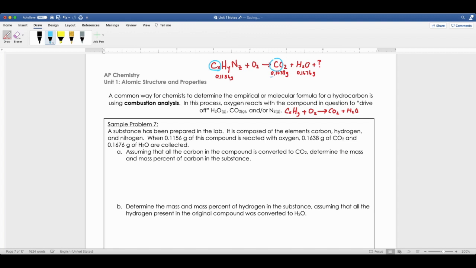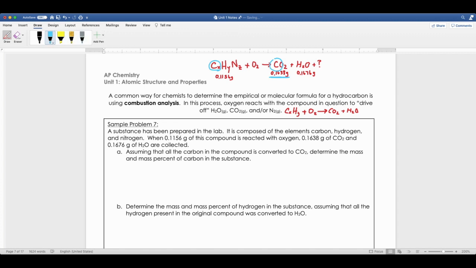So if I know this mass of CO2 that was produced, I could figure out what percentage of that or what mass of that is just carbon, right? Because all of that carbon that was made into CO2 came from this. So I could figure out how many grams of carbon are in the initial compound.